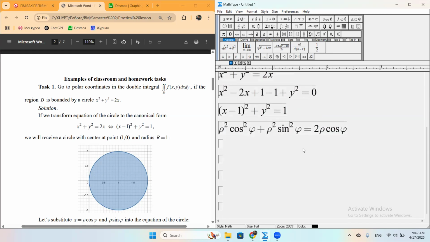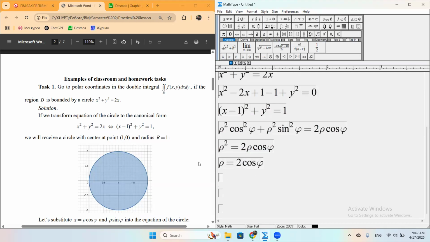Now we can simplify a little bit. We will receive rho square in the left part. Let's just divide by rho. So rho equals 2 cosine of phi.